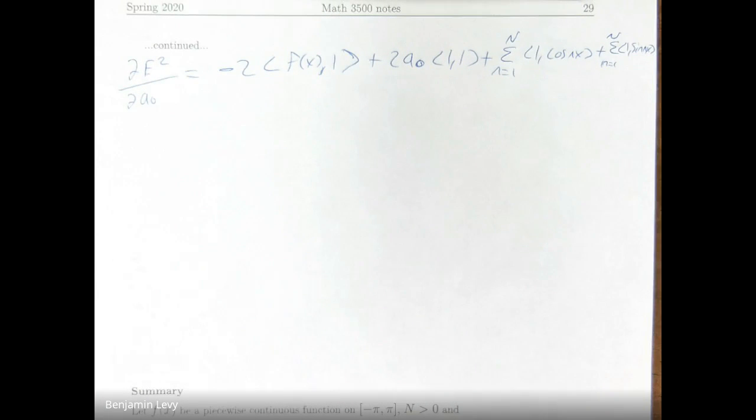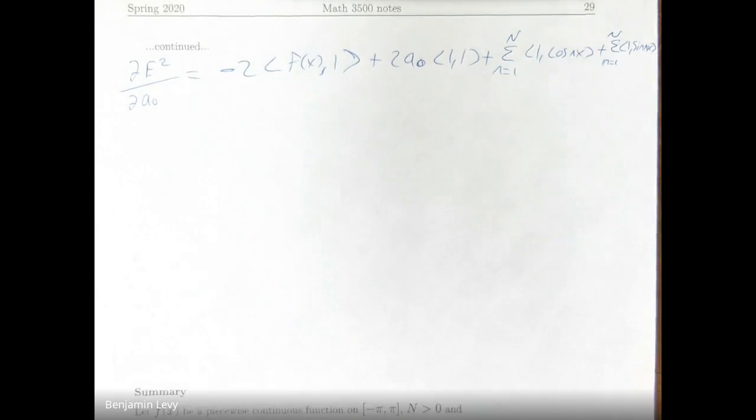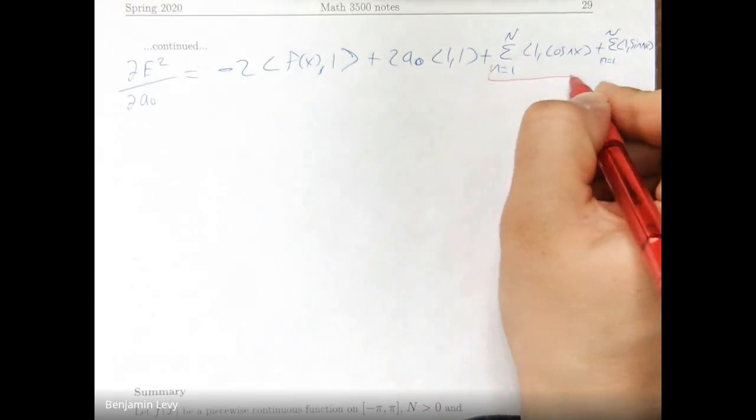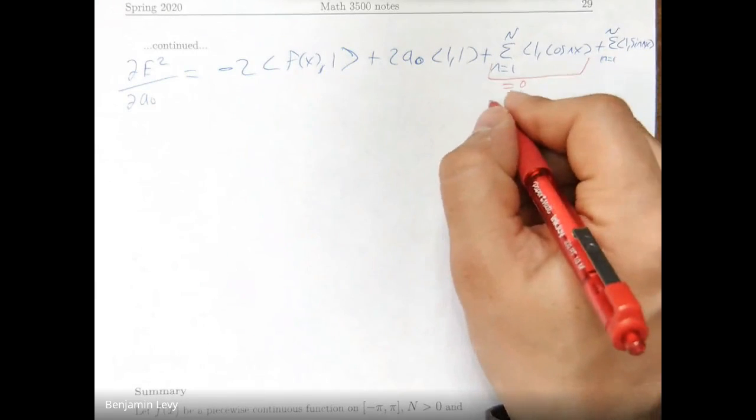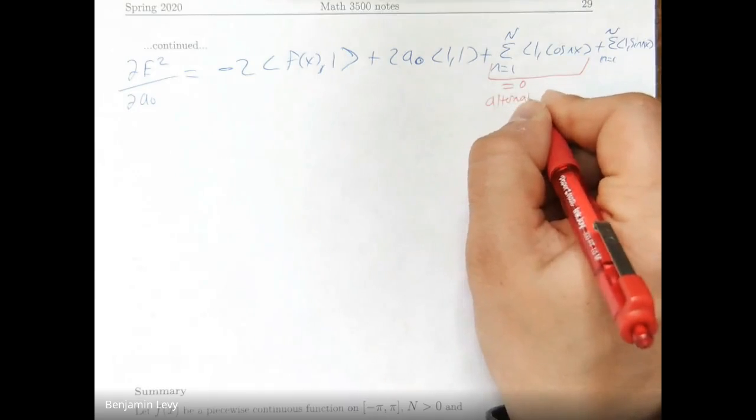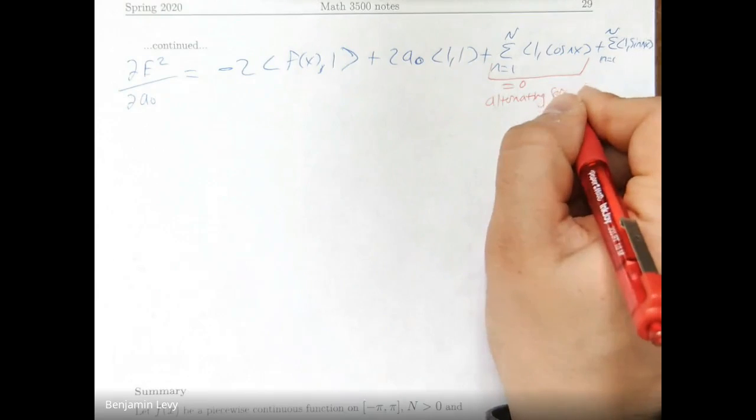So there's 4 terms because there are 4 terms on the last page that had an A0, right? And it turns out 2 of them go away. So this cosine one goes away. When you do this infinite sum, it ends up just being 0 because it's an alternating series. So I don't remember what that means from Calc 2.